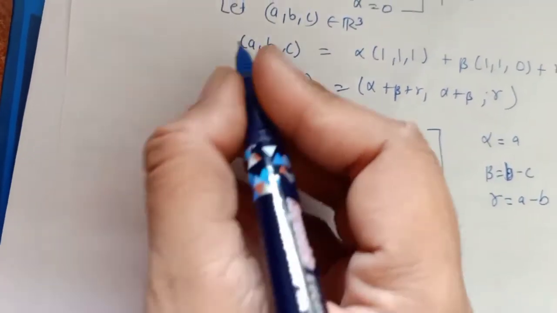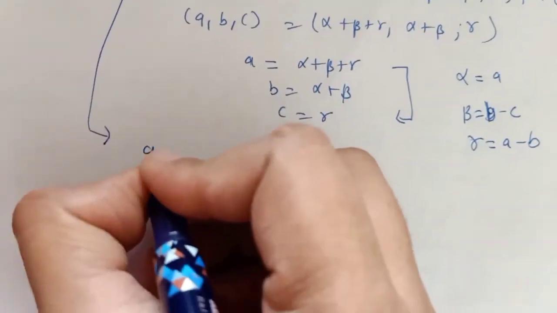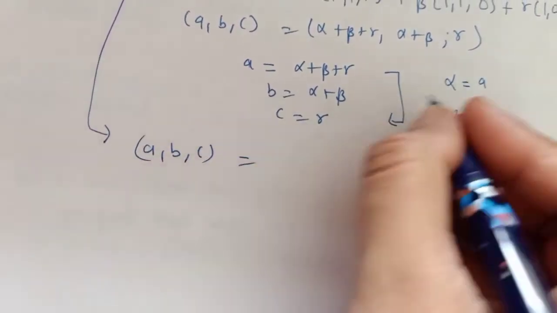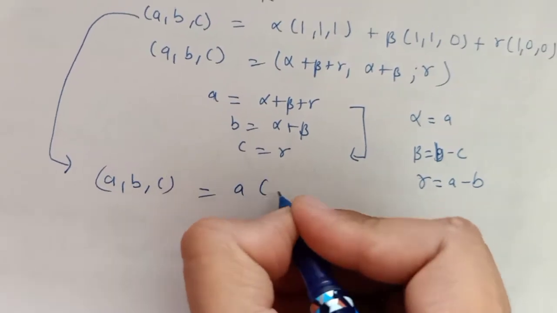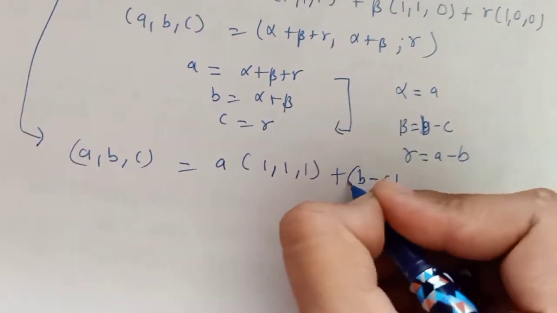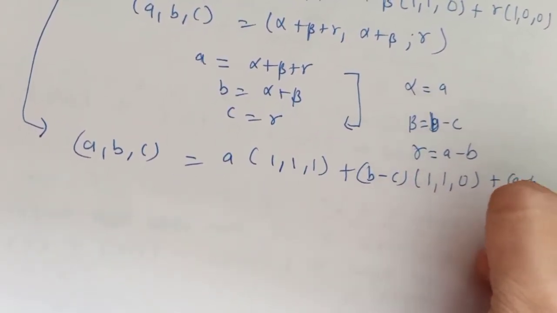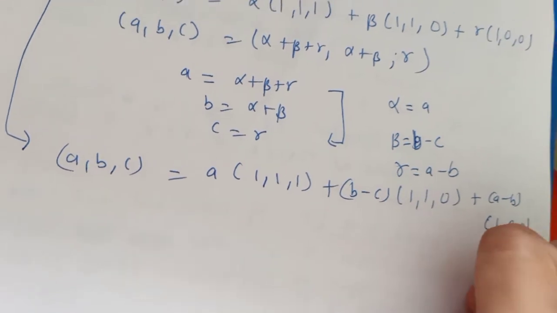So any general element from R-cube can be written, putting the values here, as a times the first basis element, plus b minus c times the second basis element, plus a minus b times the third basis element.